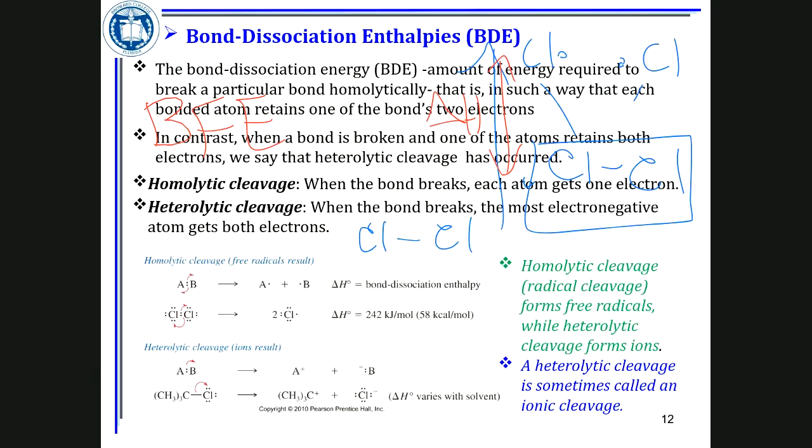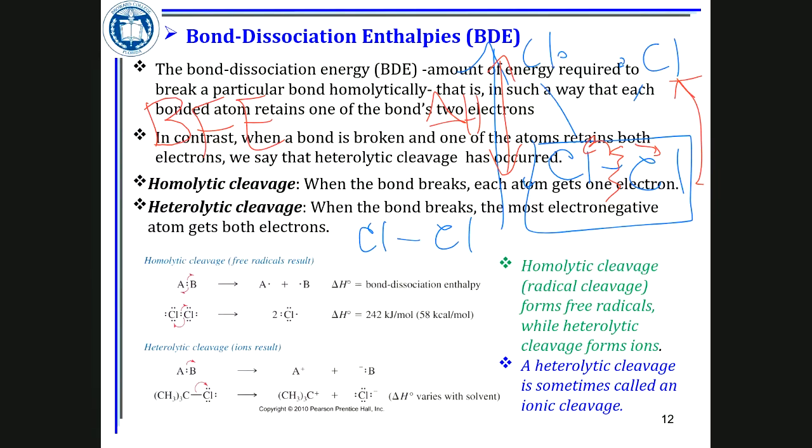Now, let's say we try to break this bond between chlorine and another chlorine. By definition, if you break this bond in a way that it goes back to what it was before, the two atomic chlorines with one electron each, that means homolytic cleavage between the two chlorines. Homolytic, like the prefix homo, meaning same, applies here because when you break a bond that has two electrons, one goes to one chlorine and the other electron goes to the other chlorine.